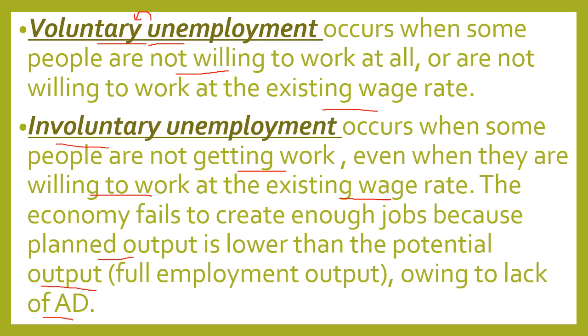Involuntary unemployment refers to the situation when some people are not getting work even when they want to work at the wage rate, but they are not getting work because there is lack of jobs in the economy. So we can say problem of unemployment refers to the problem of involuntary unemployment.